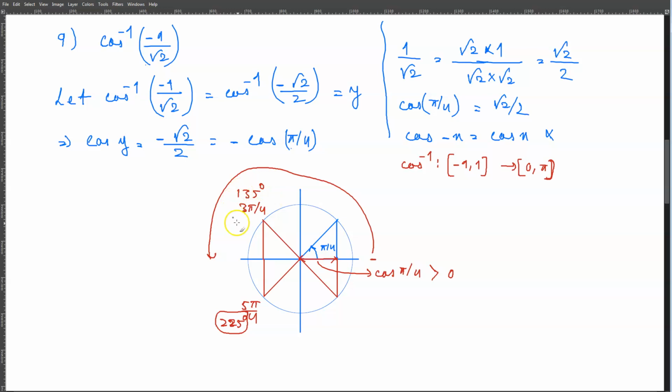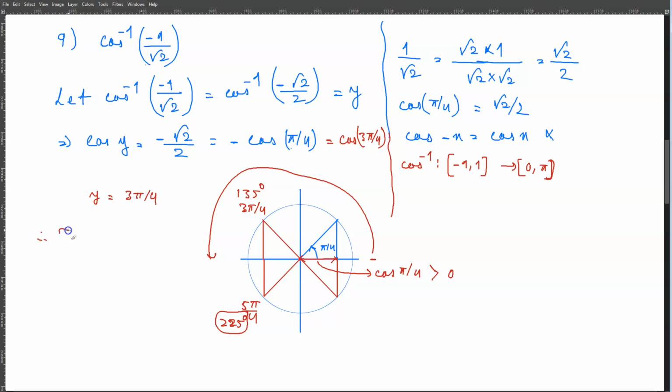So the angle that you're looking for is actually 3 pi by 4. So that is equal to the cos of 3 pi by 4, right? And since this angle is of course in the range of the function, you can say that y is equal to 3 pi by 4.